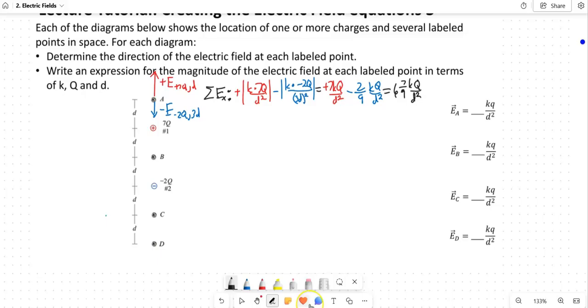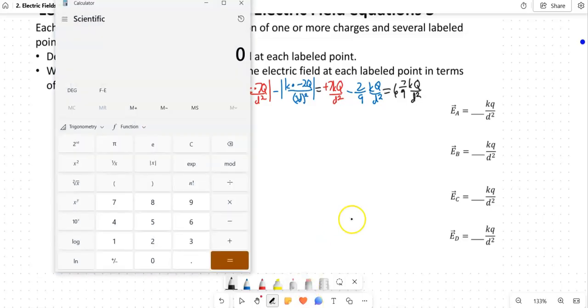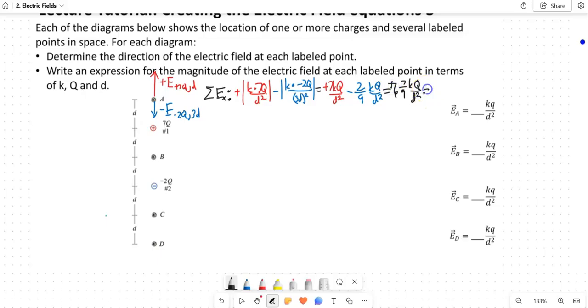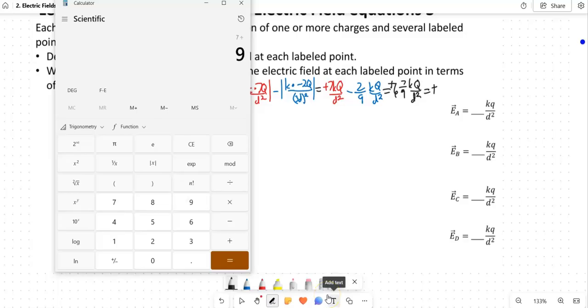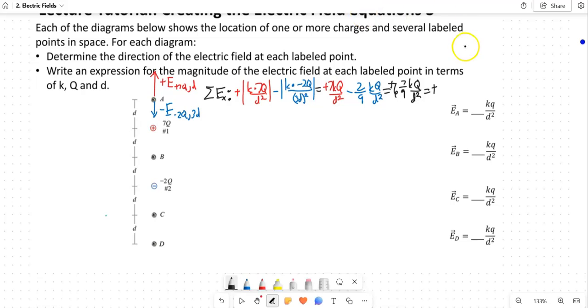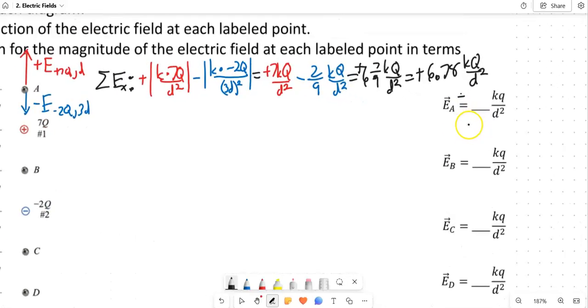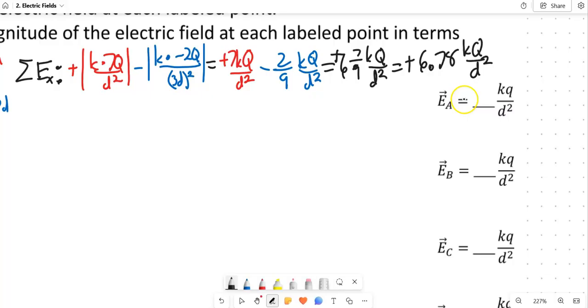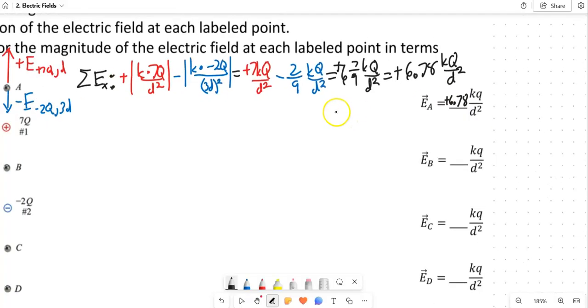And that's going to be positive. I should put the positive there. 7 divided by 9 equals 0.78, so that's going to be 6.78. So this guy is going to be 6.78 kq over d squared. So this answer is going to be positive 6.78.